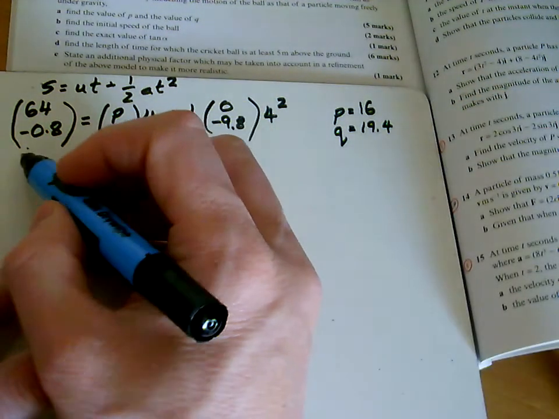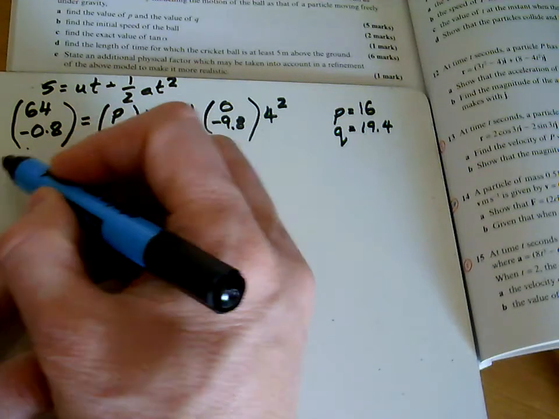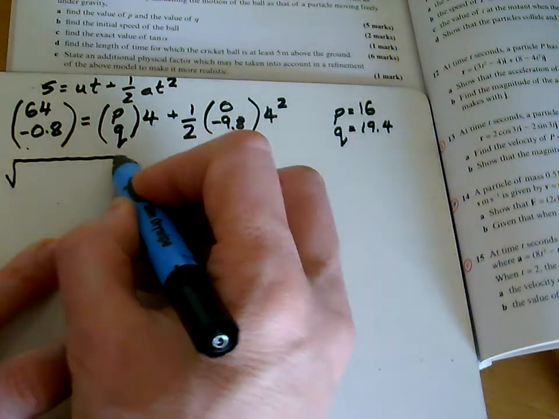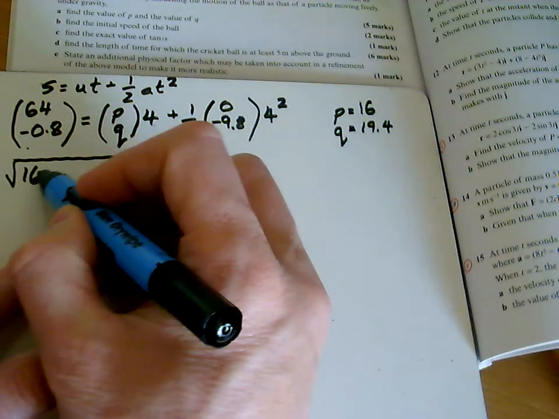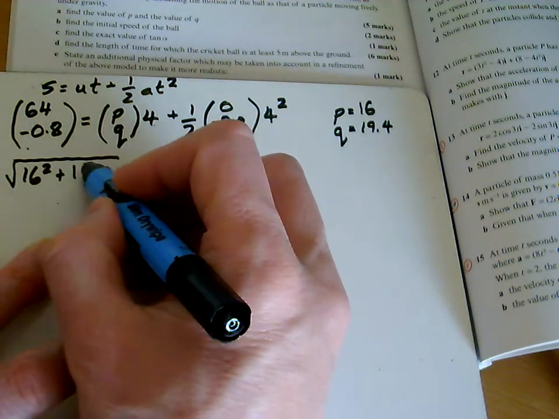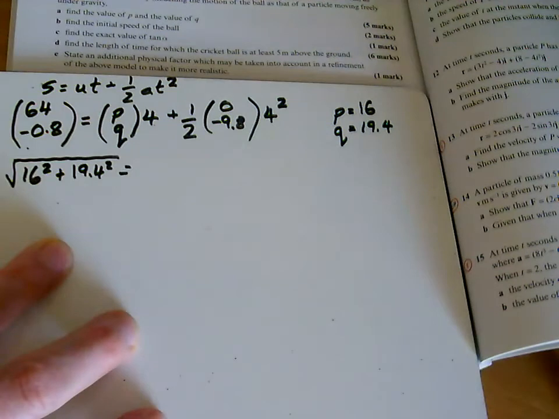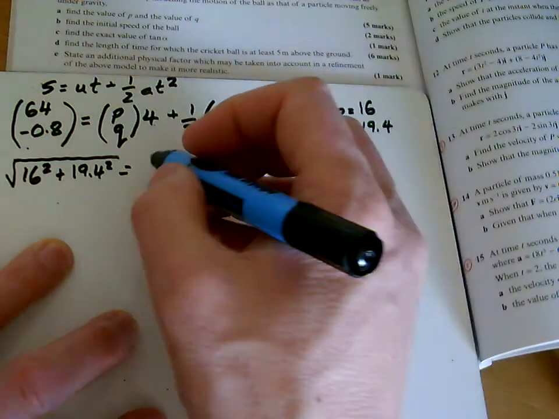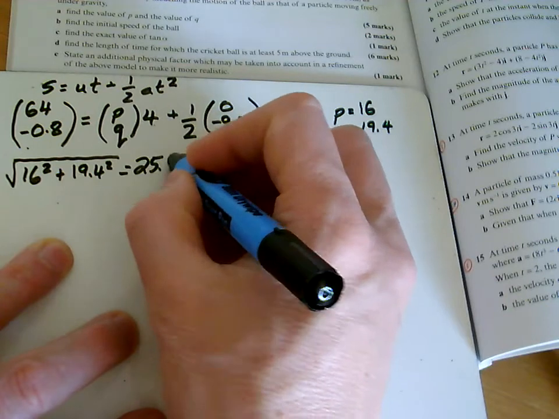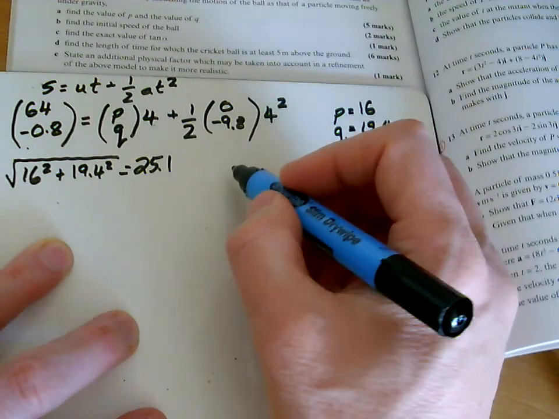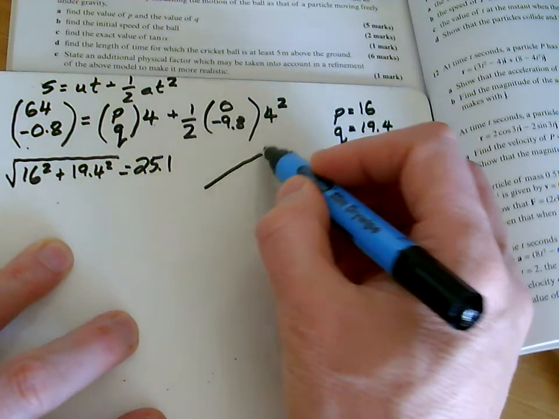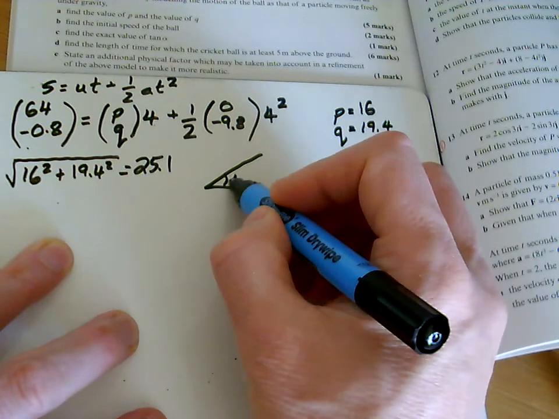To find out what the initial speed of the ball is, we're just going to square root those two things. So this was its velocity, and so the speed is the square root of 16 squared plus 19.4 squared, and so the speed is 25.1 meters. And the tan alpha one as well. So here's alpha over here.